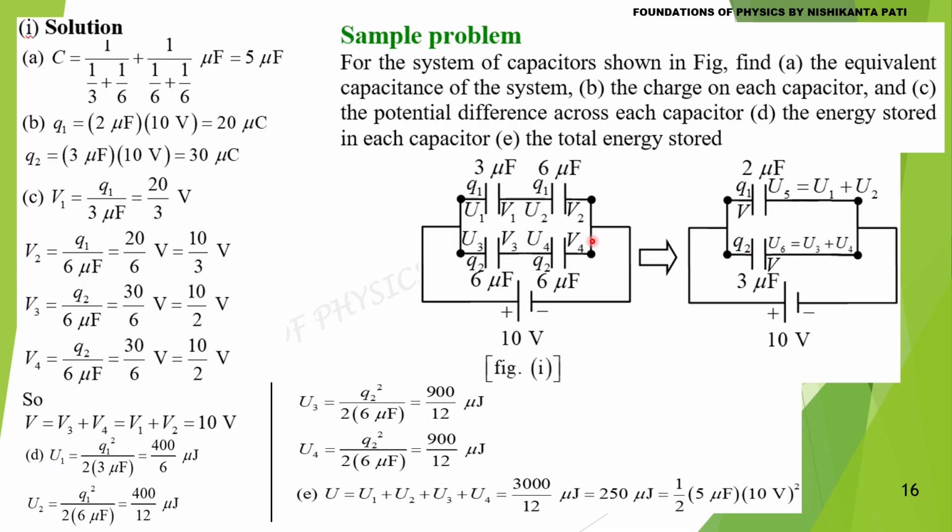The total energy is U1 plus U2 plus U3 plus U4, that is also equal to this parallel group of capacitor, that is 5 microfarad. So the total energy is half into 5 microfarad into 10 volt whole square.